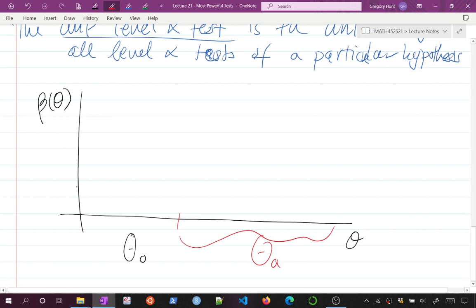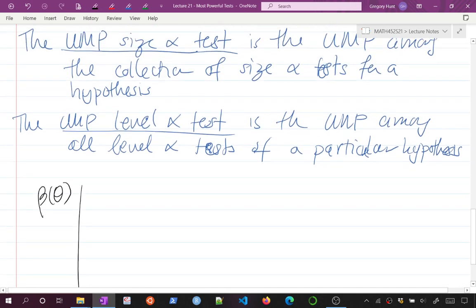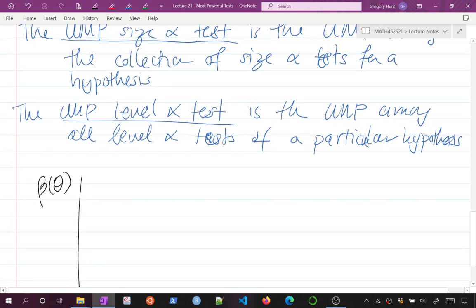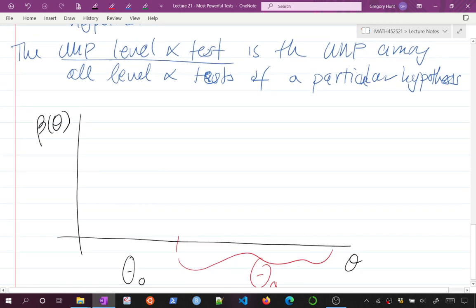If I look at a level alpha test, which is what we typically work with, that basically says the power function has to be below alpha over the null.